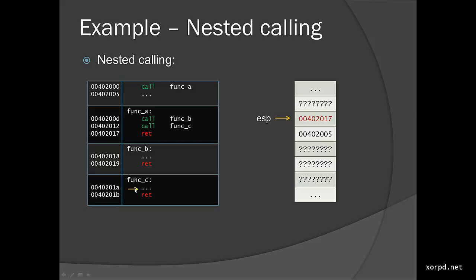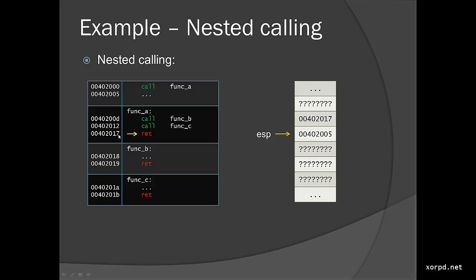Now we are inside func C. First we execute some work inside this function, and finally we get the ret instruction, which is going to use this value as the return address. Basically it is going to jump to this address, which is here.